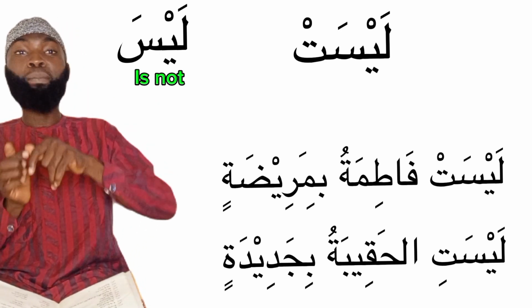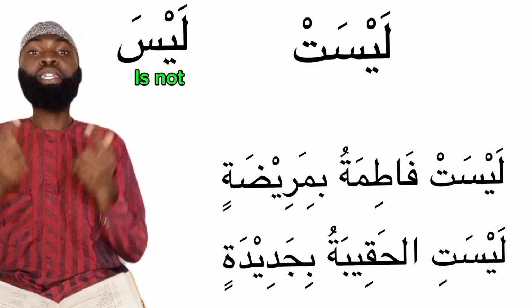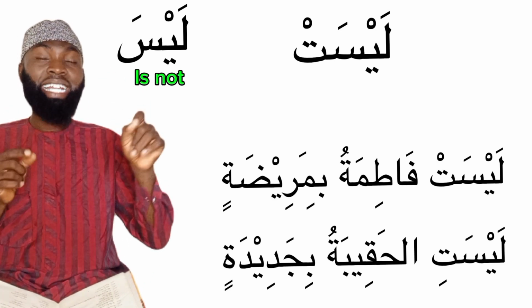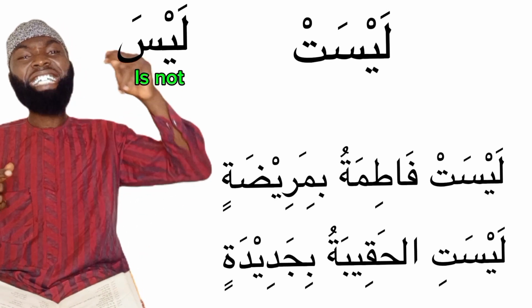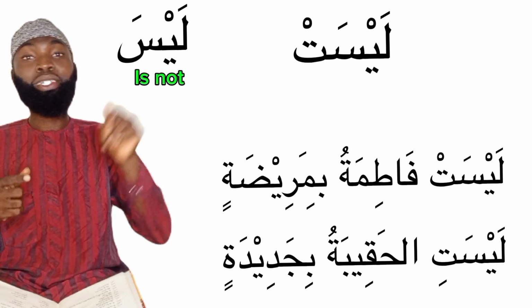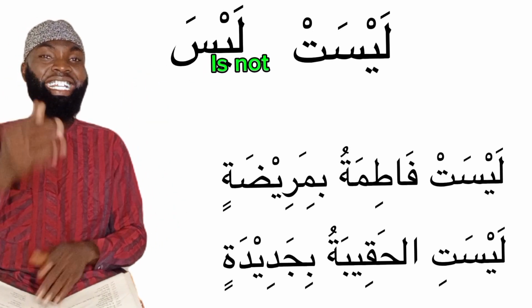Laysat al-haqibatu. But because we want to join it, li-iltiqa' as-sakinayn, because of the coming together of two sukuns, laysat has sukun at the end, and the first alif-lam also has sukun. Therefore the ta' there will now change to kasra. So we have laysatil haqibatu bijadidatin.